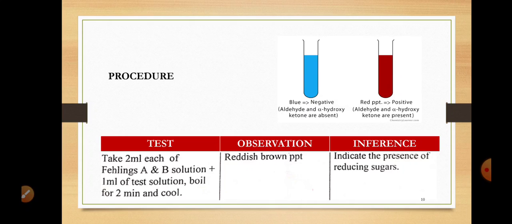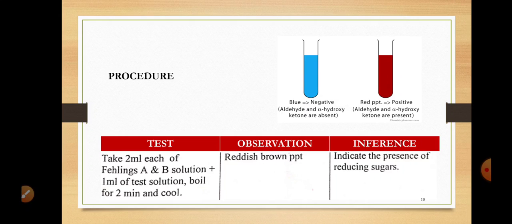So when you perform this test, based on the observations, how can you know whether it is a positive test or a negative test? Positive means there is a presence of reducing sugar, and negative means it is an indication that there is no reducing sugar present. As already discussed, the Fehling's A and B solution will be blue in color.